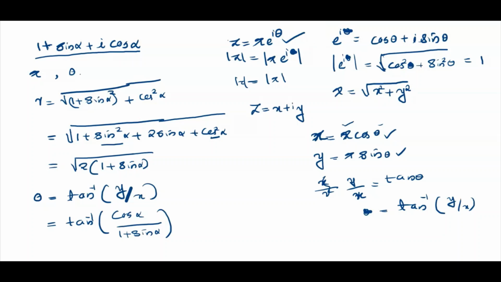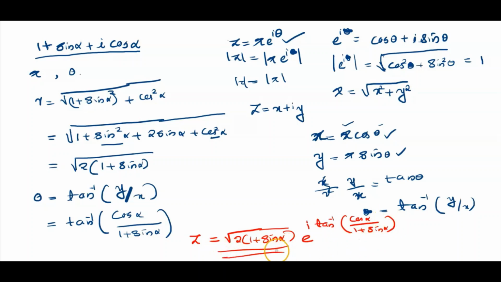That means 1 plus sin alpha plus i cos alpha is equal to r, which is root 2 into 1 plus sin alpha, e raised to i theta, where theta is tan inverse cos alpha divided by 1 plus sin alpha. So this is the modulus amplitude form of 1 plus sin alpha plus i cos alpha.